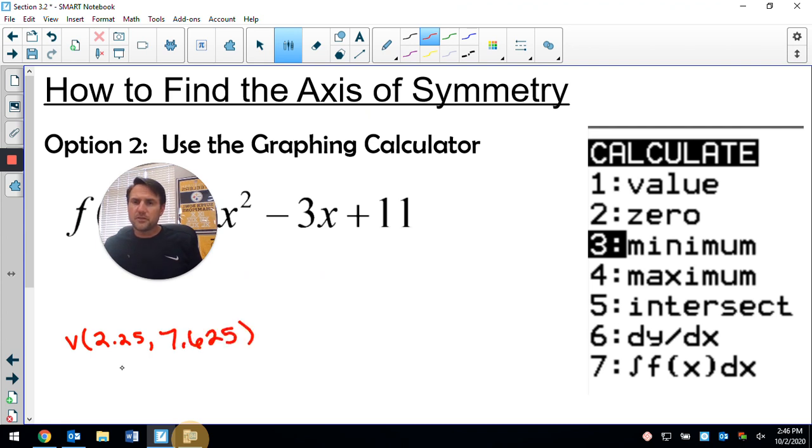So that's our vertex for the parabola, which means we know this is going to be the number in our axis of symmetry equation. And it is an equation, so make sure you write x equals and then that number for your axis of symmetry. Okay? All right.